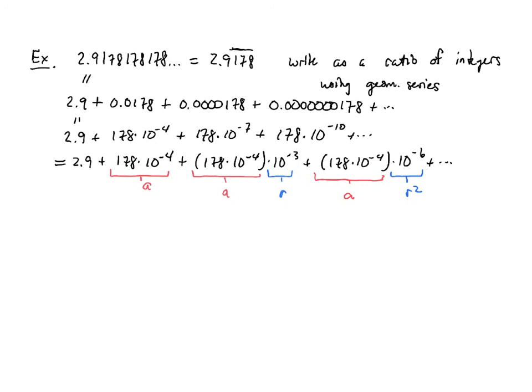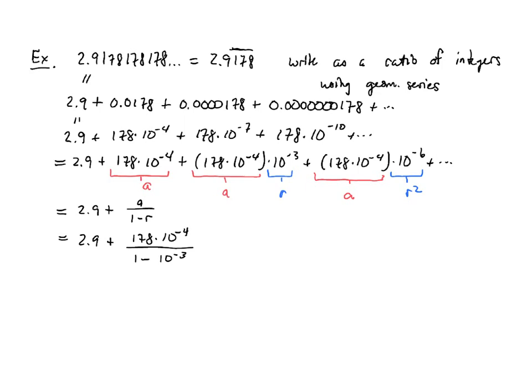That means that I can write those bits that are underlined in terms of my a over 1 minus r formula. So we get 2.9 plus 178 times 10 to the minus 4 divided by 1 minus 10 to the minus 3.